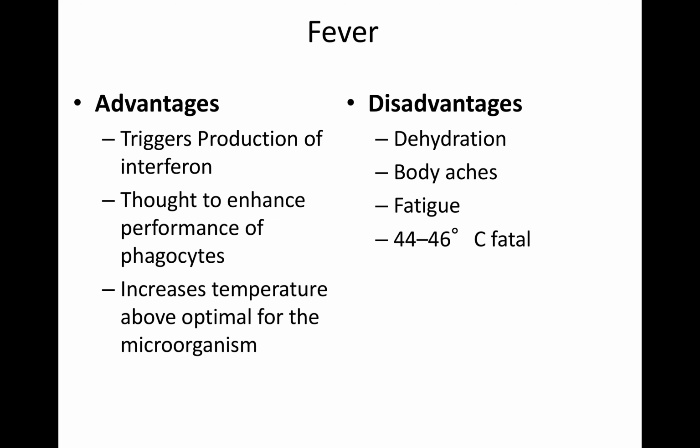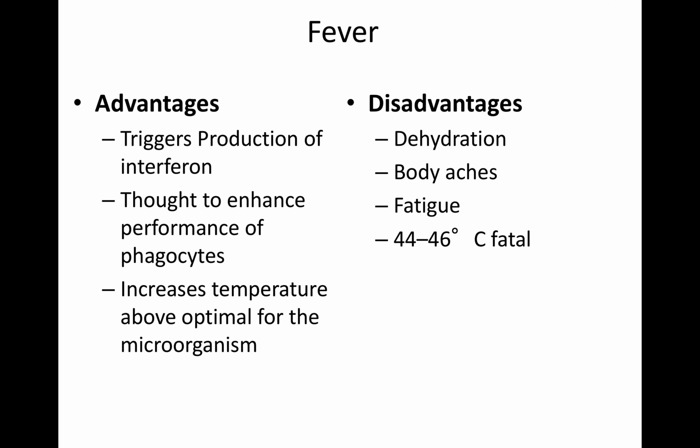The advantages of fever would be triggering the production of interferon. So again, that warning signal. So a viral infected cell can release that. Fever is also thought to enhance the performance of phagocytes and increases the temperature above optimal for the microorganism.